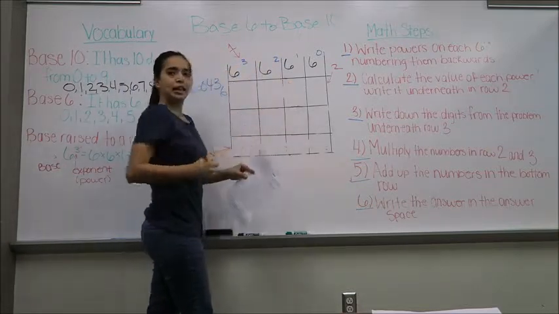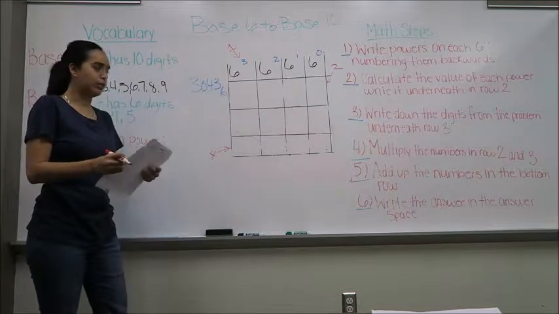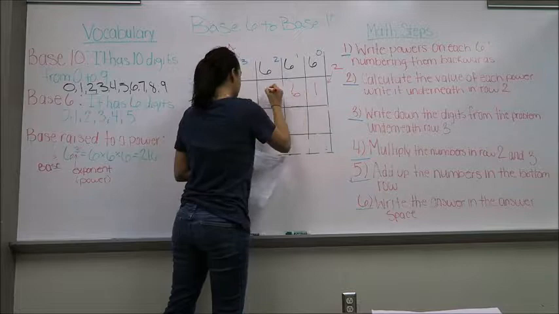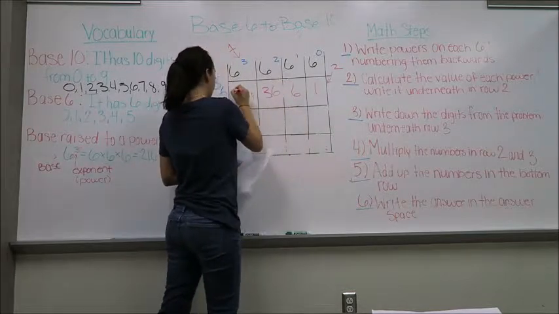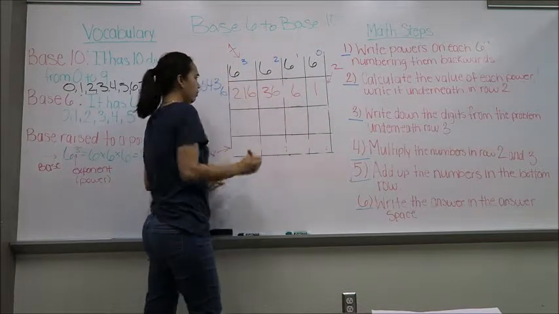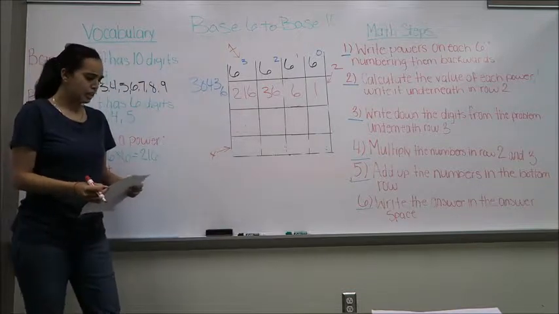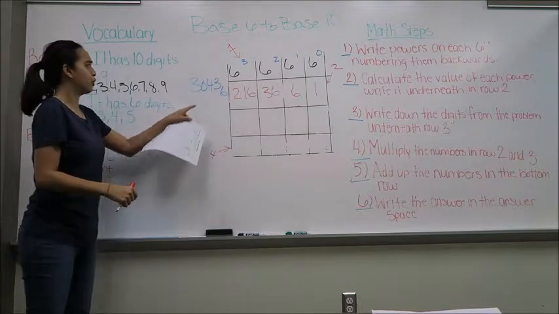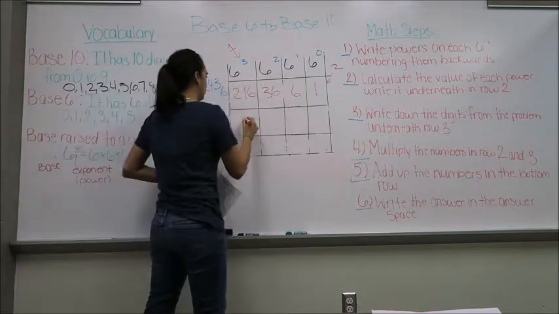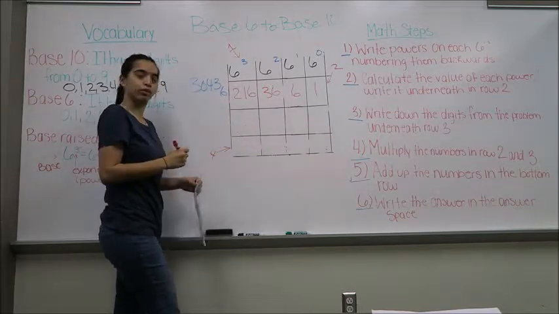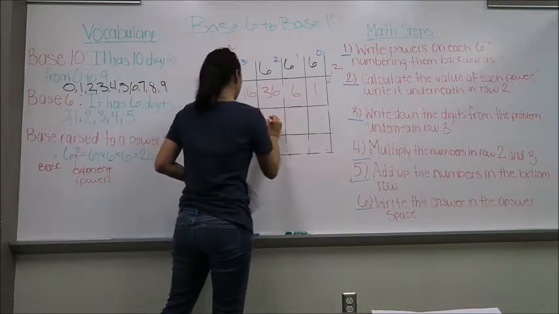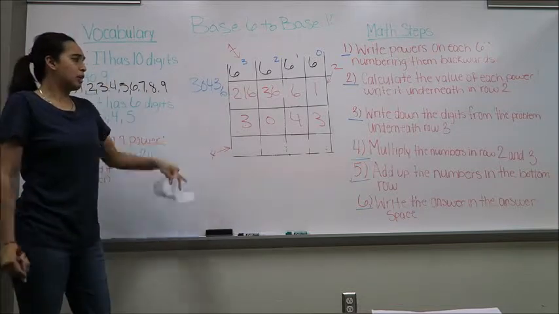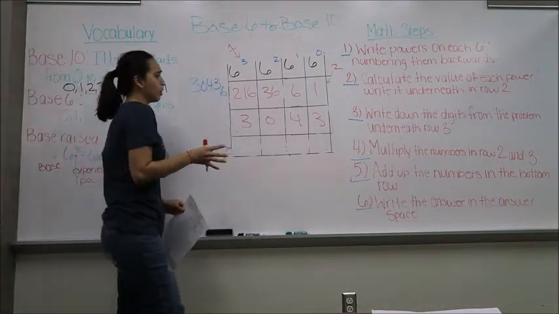For row 2 it's the same as our previous one: 1, 6, 36, and 216. Step 3: write down the digits from the problem underneath in row 3. So 3,443. Multiply the numbers of row 2 and 3 for step 4.